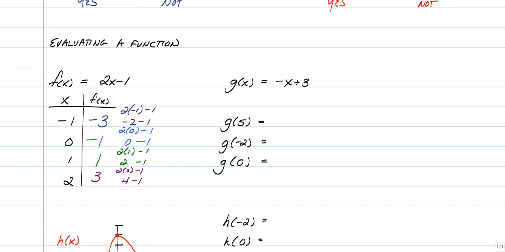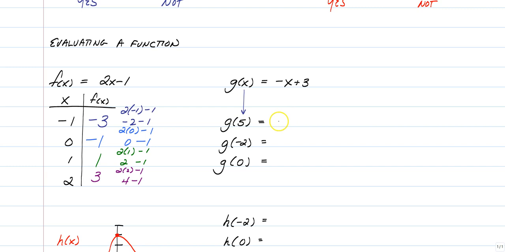Now there are some other ways to evaluate as well, and that's when you're given the function and just asked to find g of 5. What that means is find the value of g of x when x is 5. Notice that inside the parentheses is x, so that's telling you that x is equal to 5.